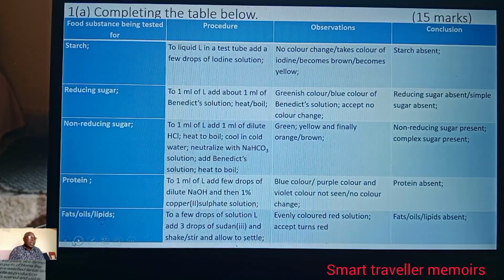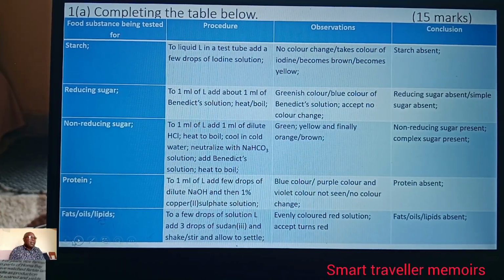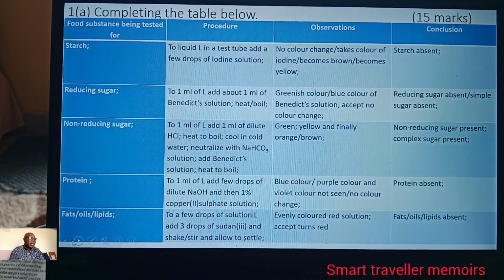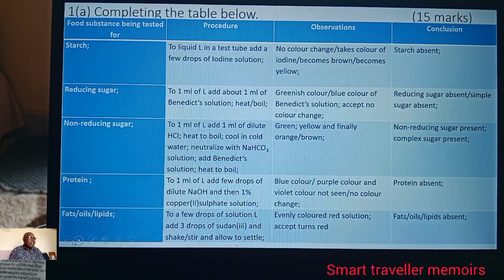A few drops can be 3 drops. Observation, no color change. Or you can say, takes color of iodine, or you say, becomes brown, because the color of iodine is brown, or becomes yellow, because also sometimes iodine is yellow depending on the concentration. And the conclusion is starch is absent.